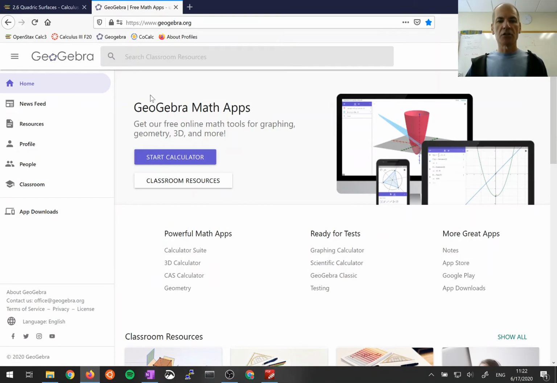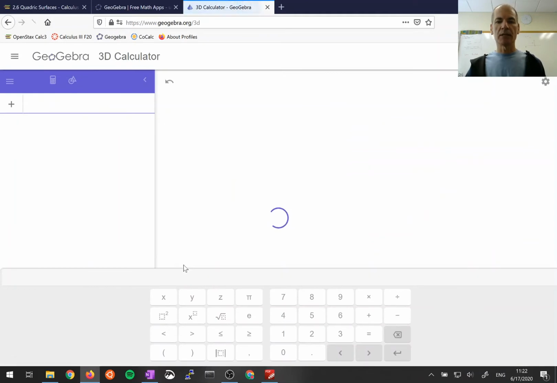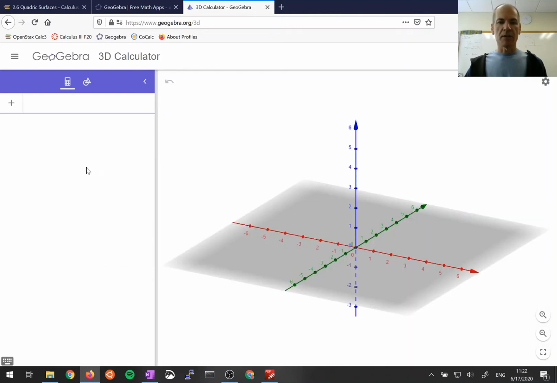So I go to geogebra.org, I go to the 3D calculator, which lets me plot 3D curves, 3D surfaces, and give it a chance to start up here. When you're working in the 3D calculator, the implicit assumption is that we're working in 3 dimensions.